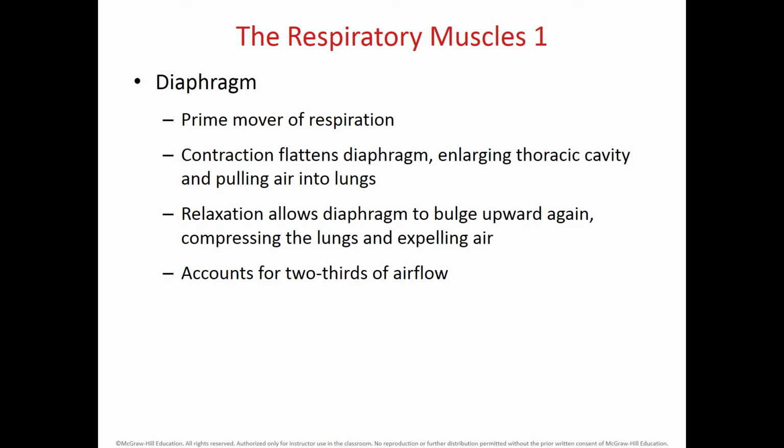Whenever you are inhaling, you contract your diaphragm, bringing it down into the abdominal cavity, enlarging the thoracic cavity, and pulling air into our lungs. Whenever you are exhaling, you relax your diaphragm. It moves up into the thoracic cavity, compresses the lungs, and increases the intra-alveolar pressure, and you can exhale the air.